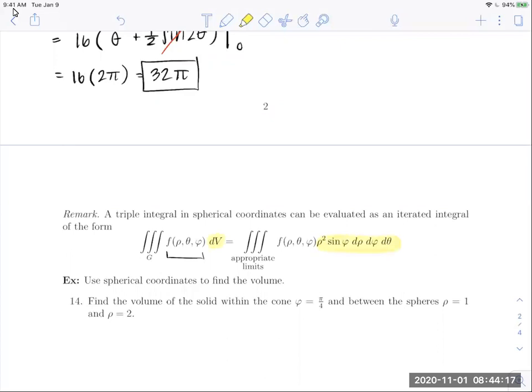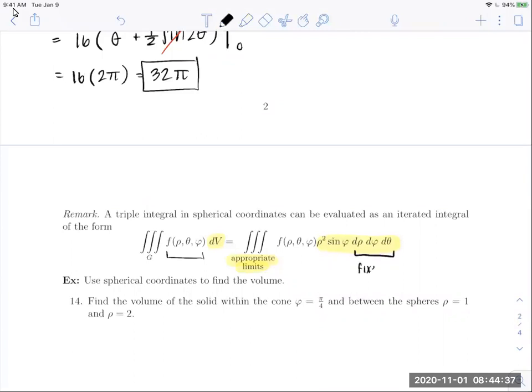You'll notice here a very vague statement of whatever those appropriate limits are. So we're going to do some practice here identifying what the limits are in spherical coordinates. But one thing that I want to point out is that the order of integration is fixed.